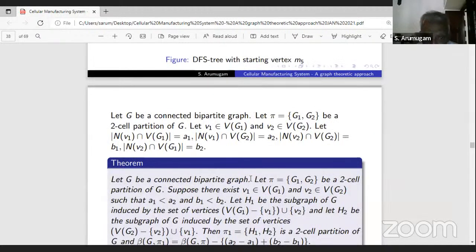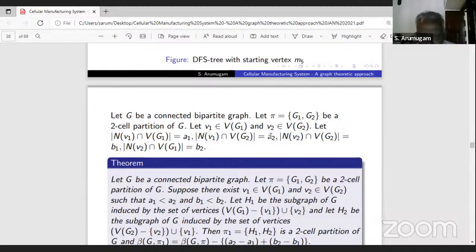So that is what I am doing. I get a 2-cell partition of the graph G by removing one comfortable edge from the spanning tree obtained by the DFS algorithm.